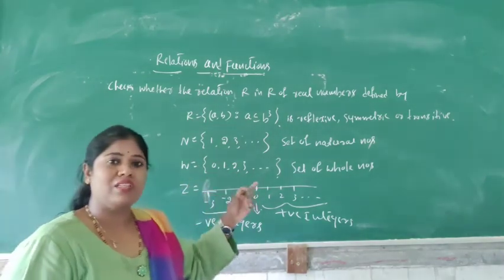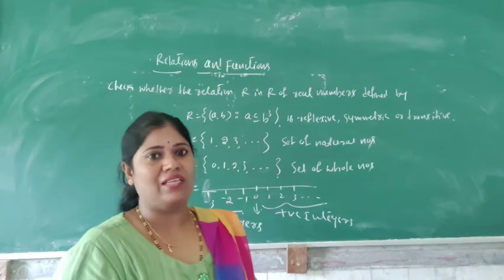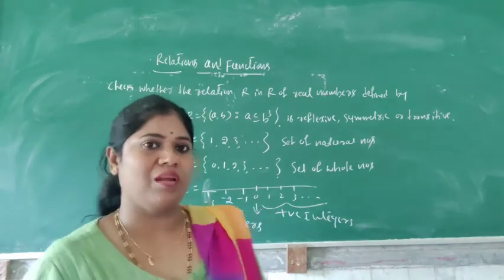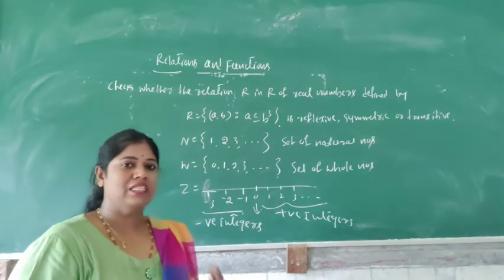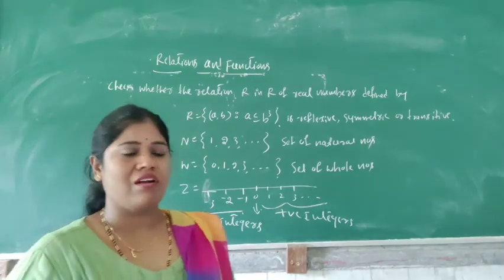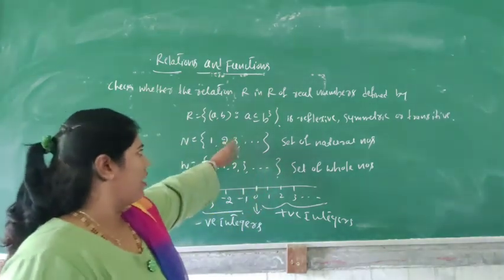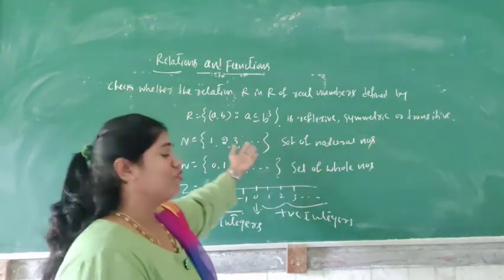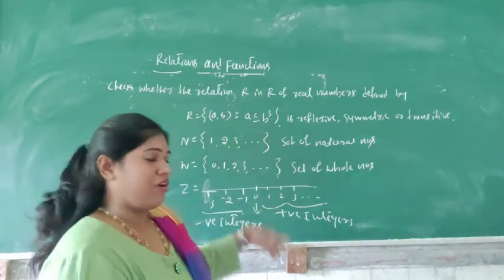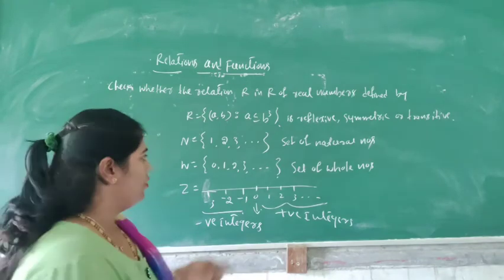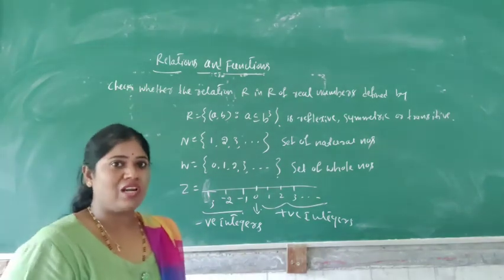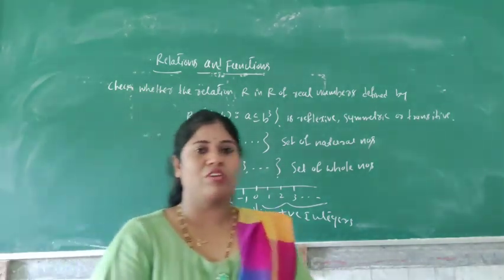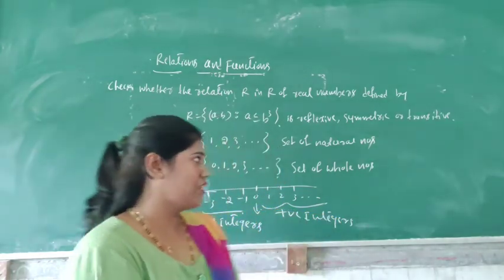Any number that can be found on the number line is called a real number. All these things come in real numbers. This one is without decimals. What are the ones with decimals? With decimals are rational numbers and irrational numbers. You know the rational number definition.